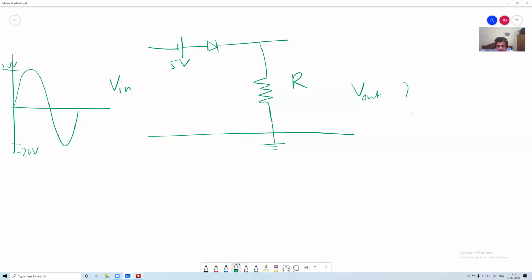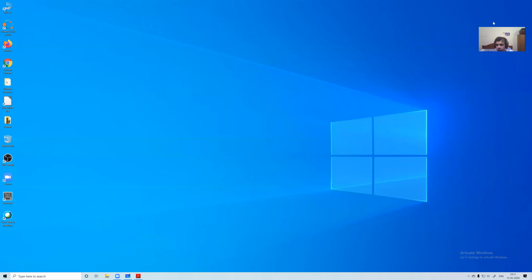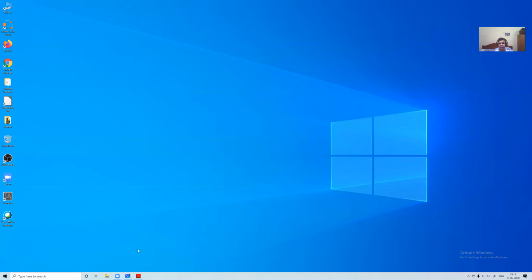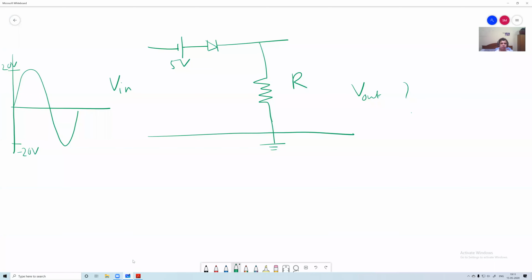How to approach this type of problems? Tell me. So what is the voltage required to make the diode forward bias? Suppose this voltage here is V1, and this diode is ideal.